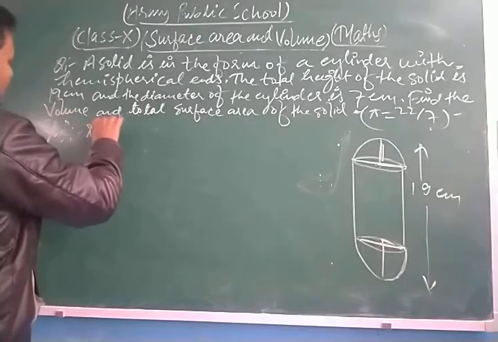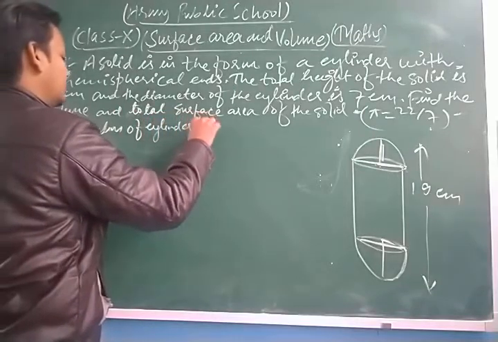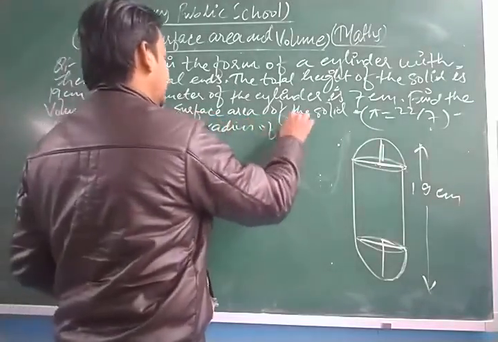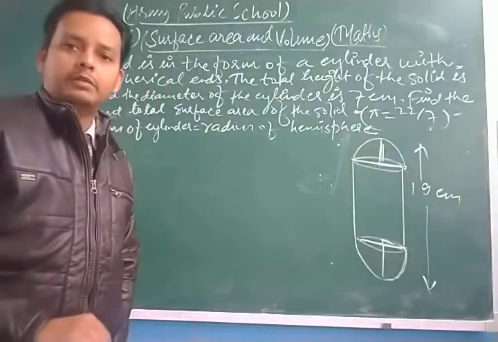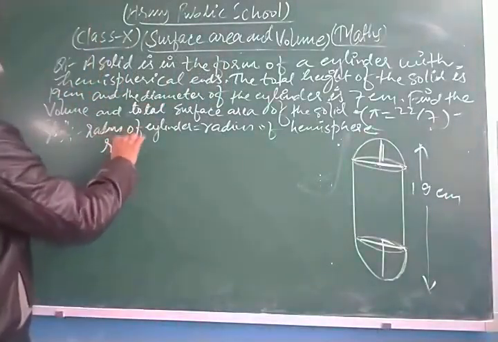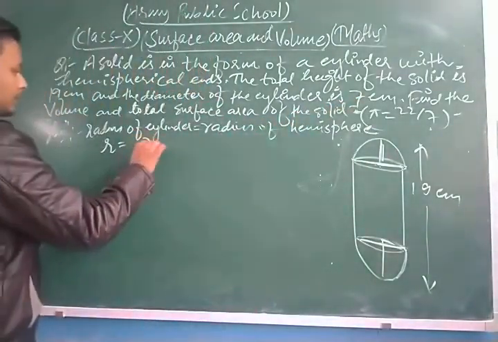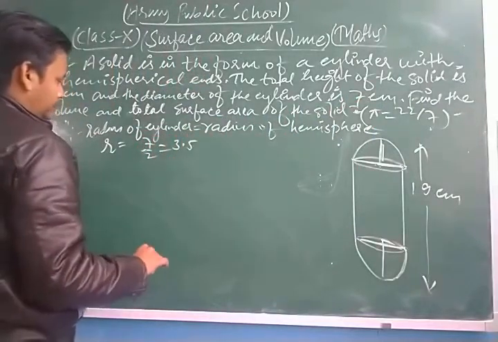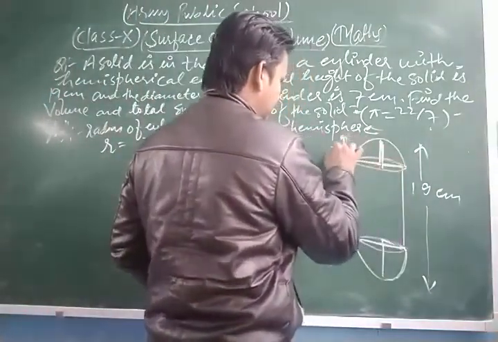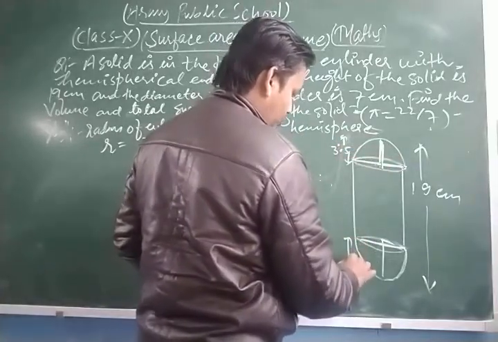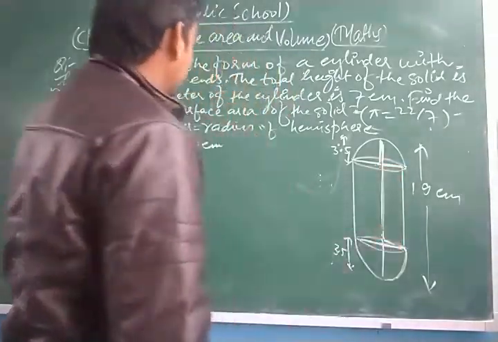So the radius of the cylinder is equal to the radius of the hemisphere. The diameter of the cylinder is 7 centimeter, so the radius is 7/2, that is 3.5 centimeter. So this is 3.5, and this is also 3.5.